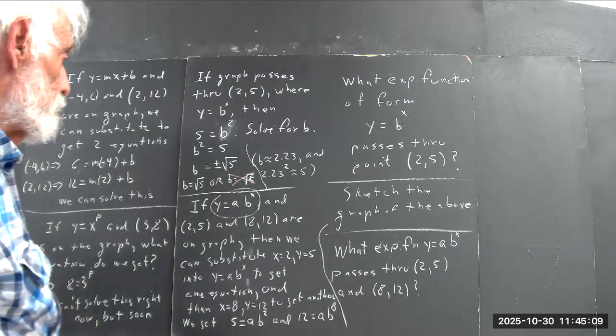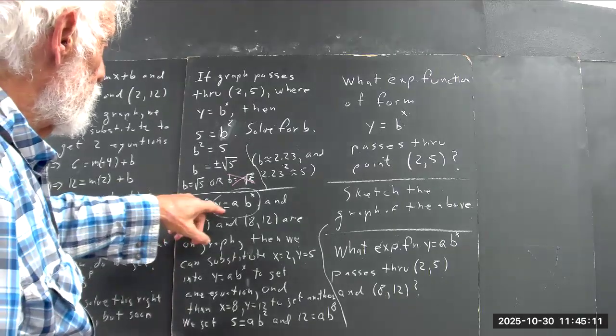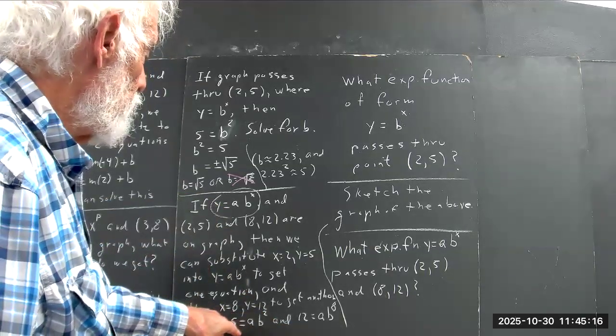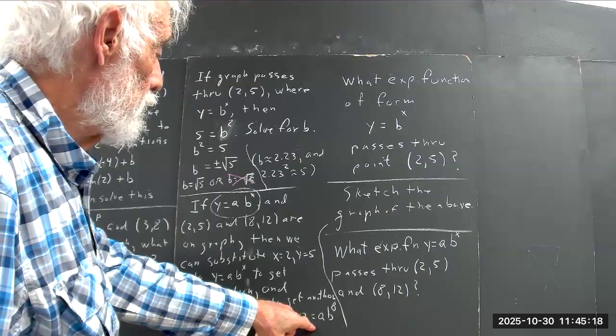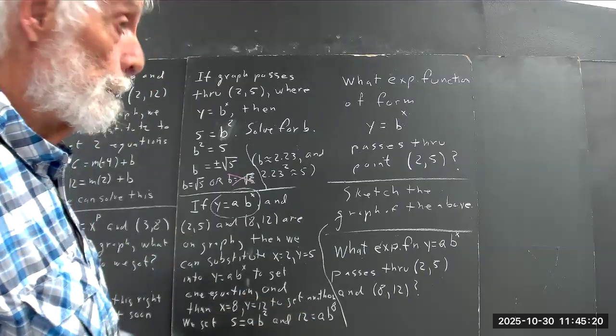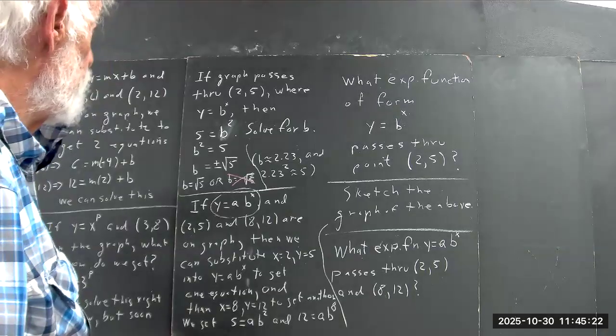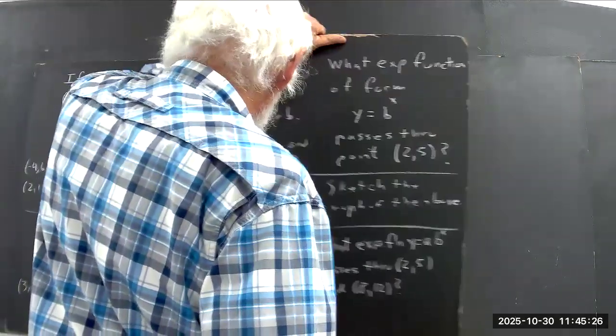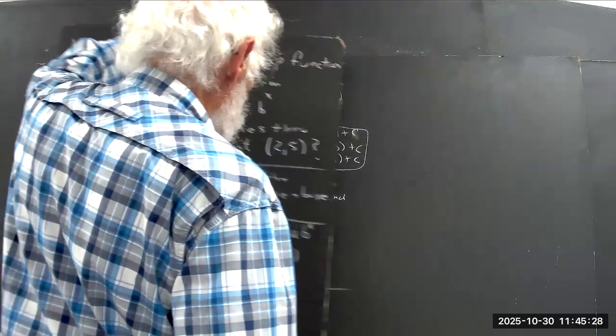All right. Now down here, we've got the equations for the system. 5 equals AB squared and 12 equals AB to the 8th, right? So let's just kind of rewrite that.